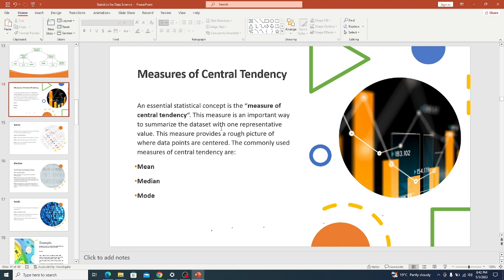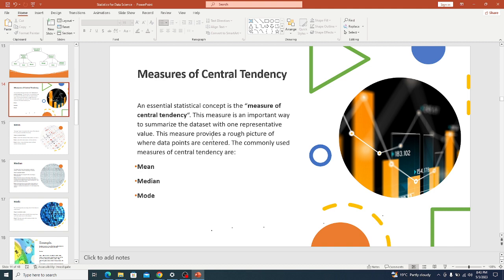If you do a mean, you will get one value. If you do mode, you might get more. If you do median, you will also get one value. You will calculate and get one value. That's it.